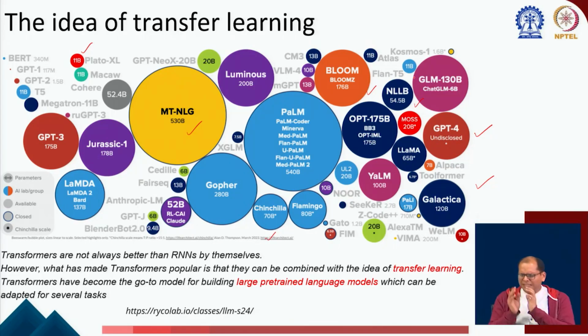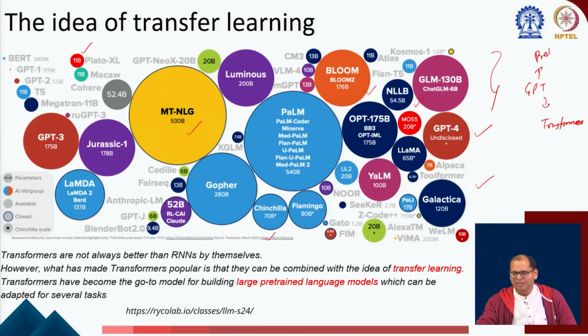So they are all mainly based on the transformer architecture, right? But it's not that transformer on its own becomes better than RNN. Why these models are preferred is that they are including another very important idea apart from transformers. So we talked about GPT, the T stands for transformers, but what is very crucial is P, and P stands for pre-training, and that is what is bringing out the idea of transfer learning.